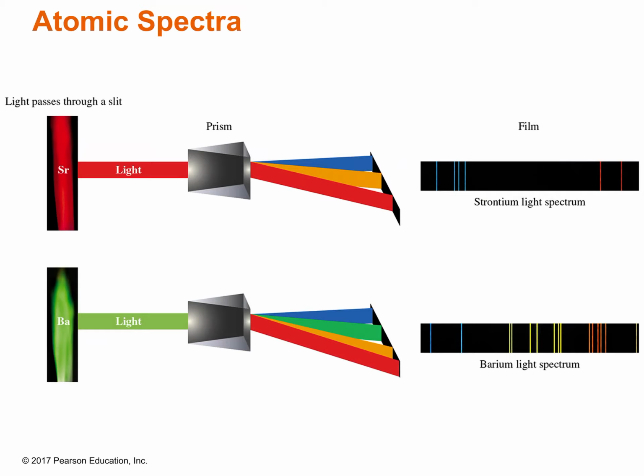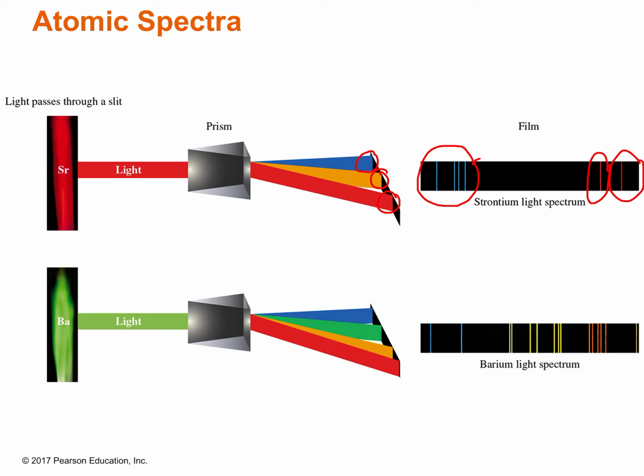So like if we had strontium, strontium's really pretty. It produces a really red light. And if we shoot this red light through a prism, it splits into a couple colors. Okay, again, it's not showing a continuous rainbow. It's only showing blue, and it's mostly showing, right, it's got a little orange and it's got some red. And again, this is not a continuous spectrum. This is an atomic spectrum.